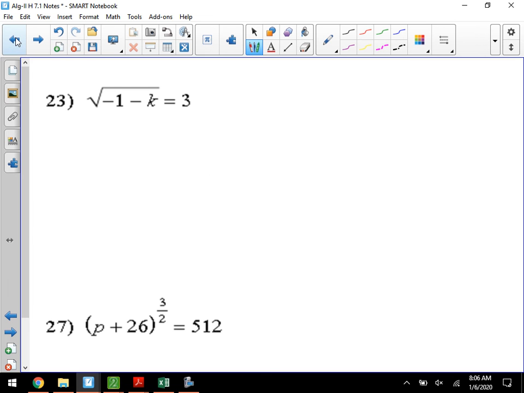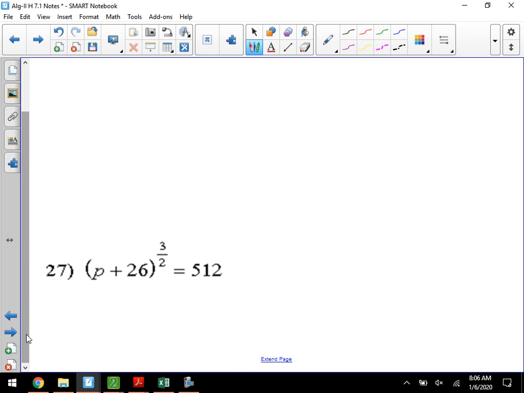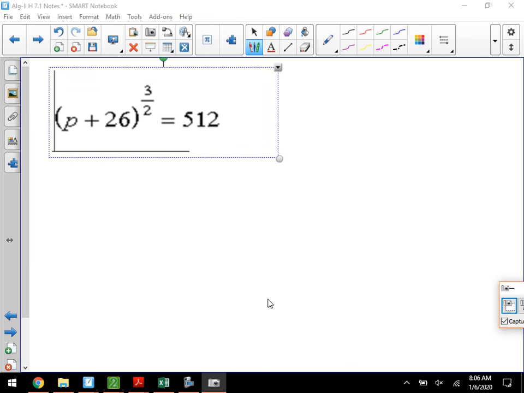So if you go back to something like this, to both sides, I can't do the 3 halves, I have to do 2/3.